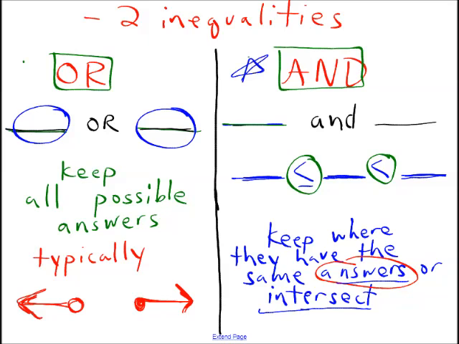So we're only interested where this inequality intersects or has the same answers as this inequality. Typically, and statements overlap in between the two values, but that isn't always the case. Regardless, they have to have the same answers for it to be an answer to an and statement.